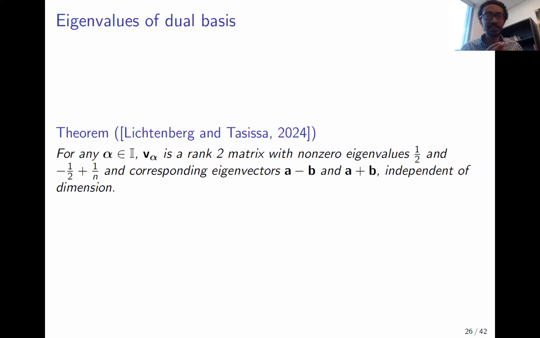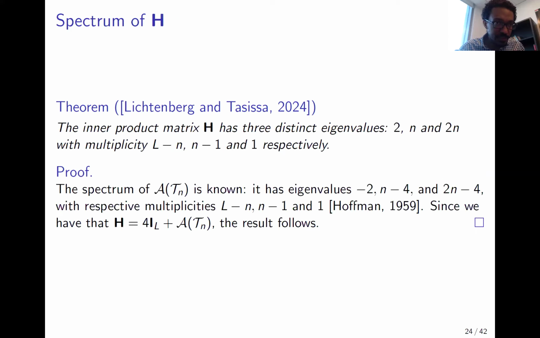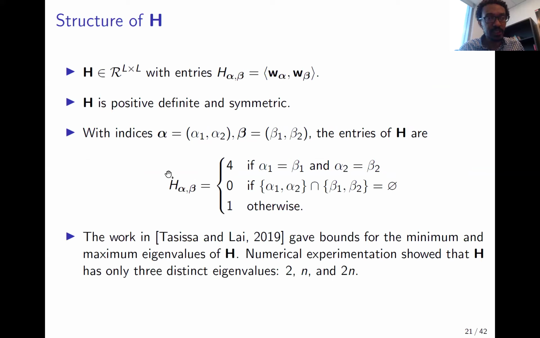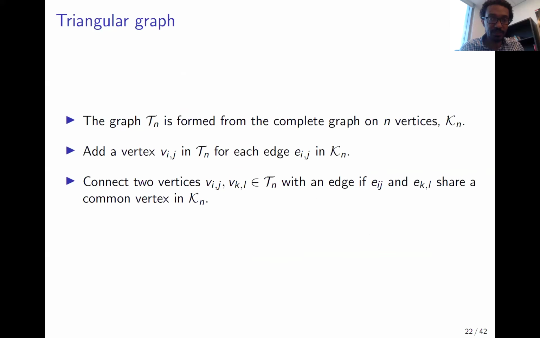So what we have shown is that the X matrix, the Gram matrix, can be expanded as a linear combination of this V alpha. We know exactly what these building blocks look like, and we know exactly what the spectrum looks like by associating it to the triangular graph.